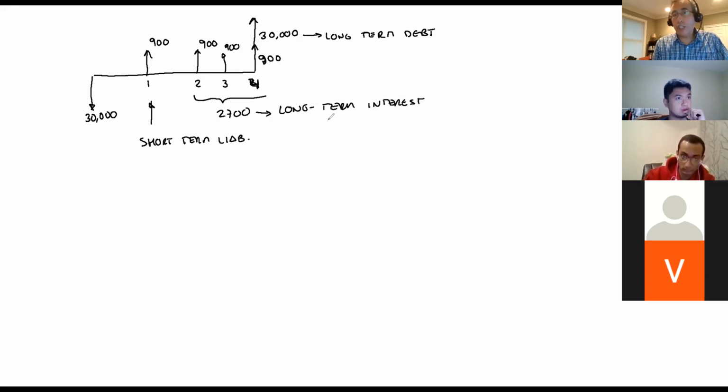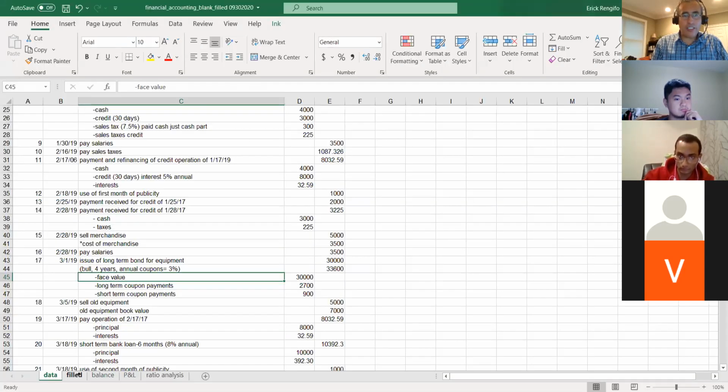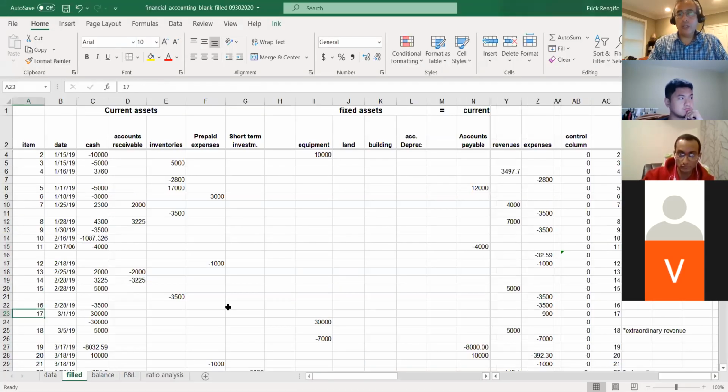If you put this long-term interest in your balance in the document that we're doing, how do you cancel this 2,700? Can't you pay later and then slowly remove this 2,700? Yes, exactly. But the thing is that you cannot put it here.